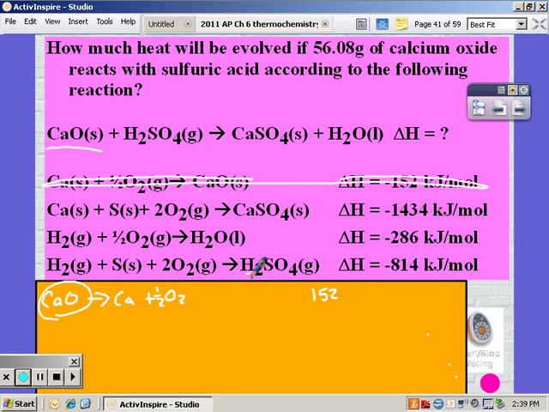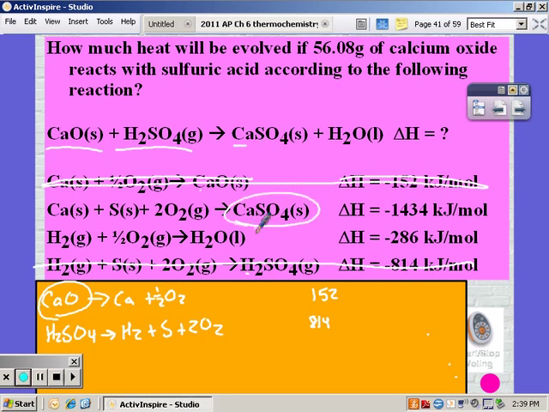So we need to reverse that fourth equation. Now we have calcium sulfate as a product, and we have calcium sulfate as a product in the second reaction. So we're going to leave that equation alone.